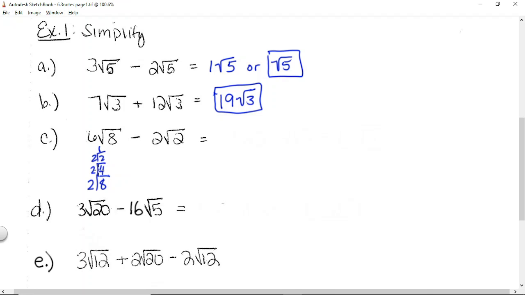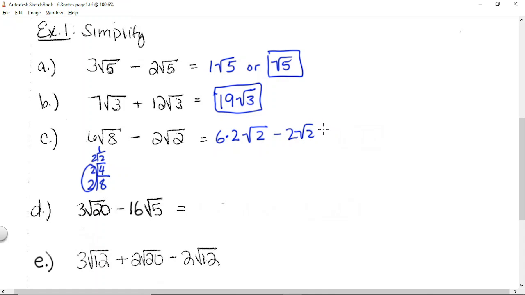So we have a pair of 2's there, right? So we're going to pull a 2 out, and so that's 6 times the 2 that we pull out, and what remains inside is just the leftover, which is 2. So it's that minus 2 times the square root of 2.